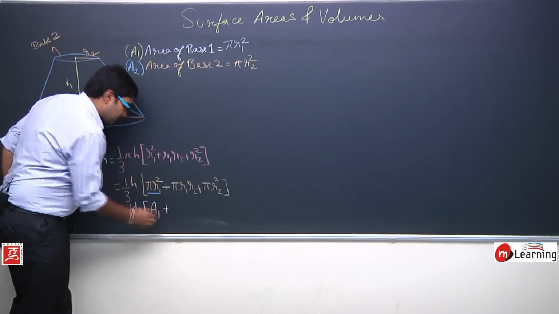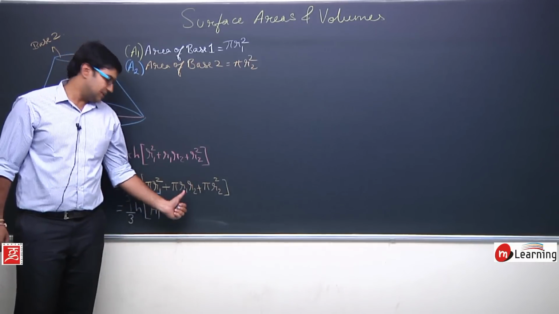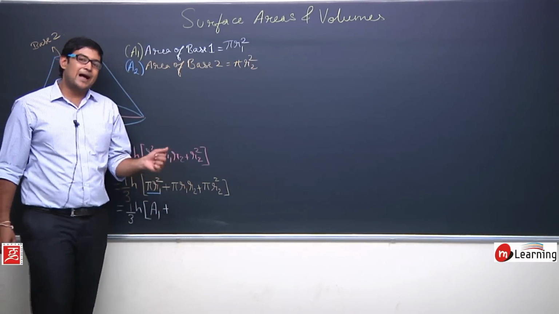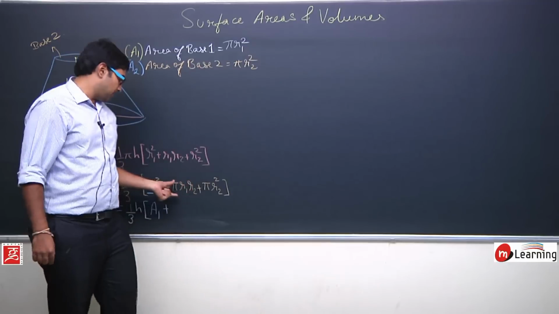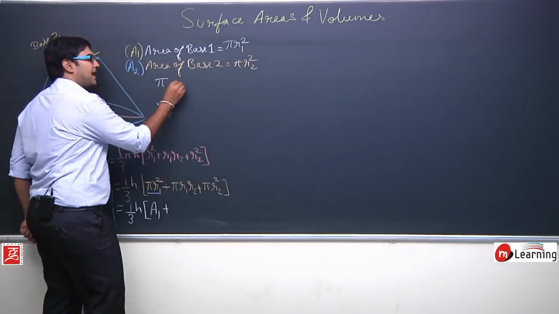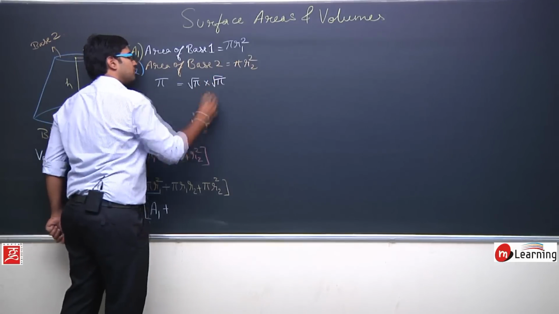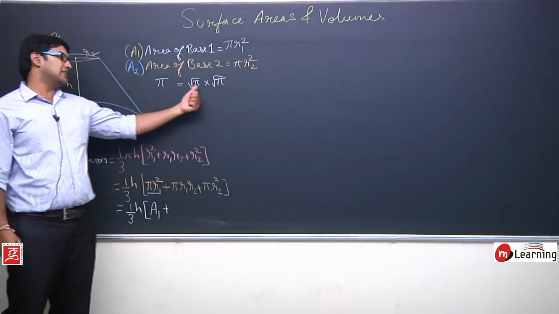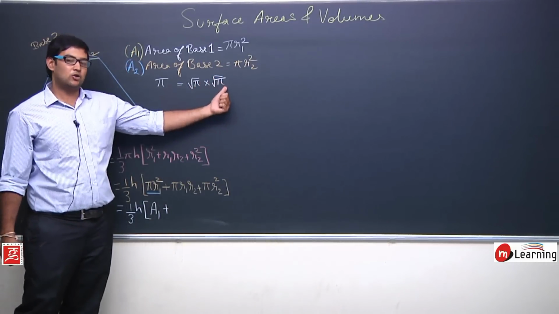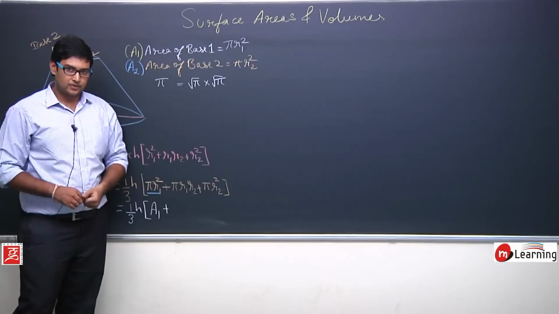plus, now what about this pi r1 r2? Just think about this pi. This pi is basically a complete number. Can I write this pi as root of pi into root of pi? This pi can be written as square root of pi into square root of pi, which will give you pi only.